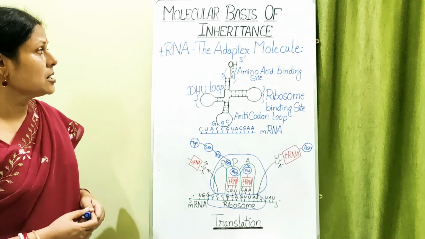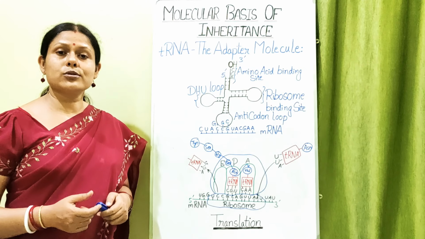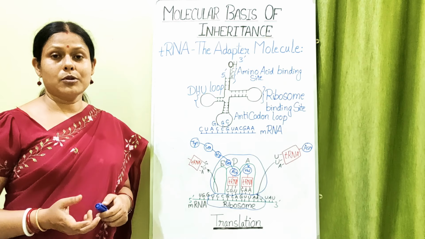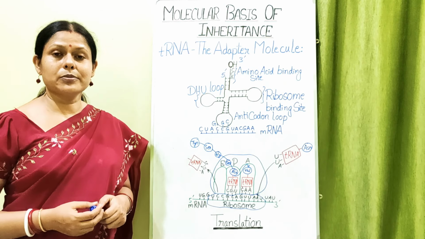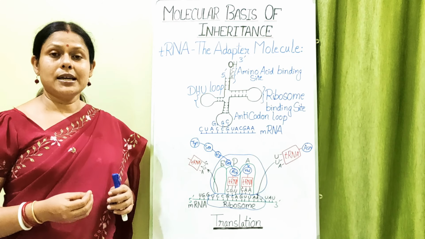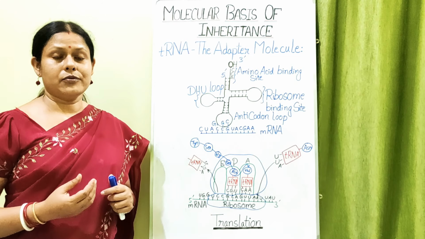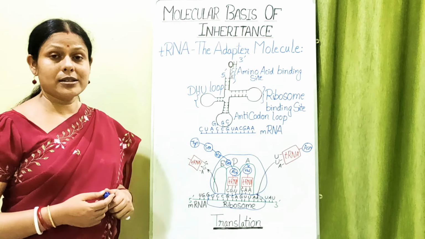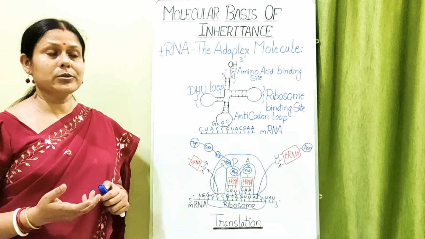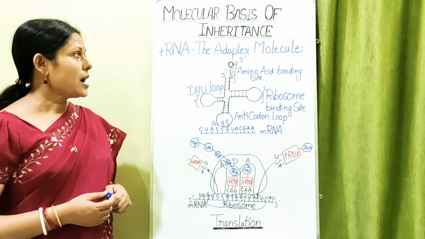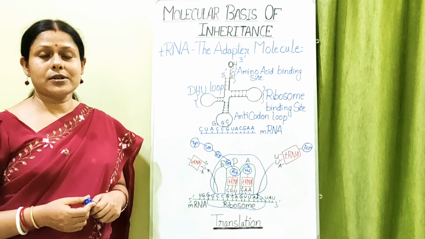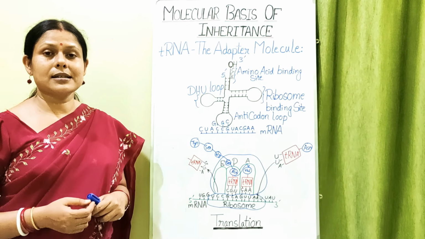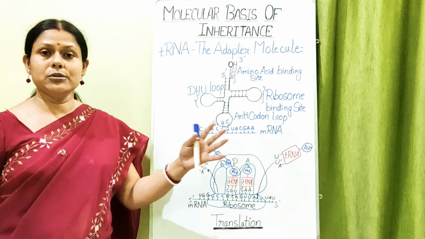Now this tRNA or the adapter molecule is also known as the soluble molecule. Why is it known as the soluble molecule? Because it is soluble in 1 molar NaCl. So that's why this is also known as the soluble RNA. And this tRNA or the transfer RNA is peculiar in the sense that it is not formed of so many nucleotides.